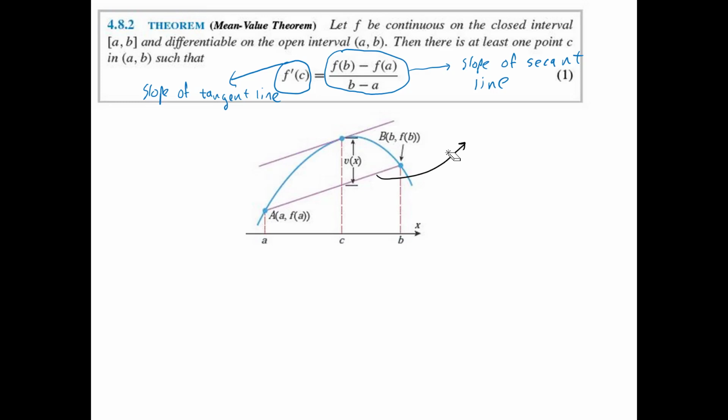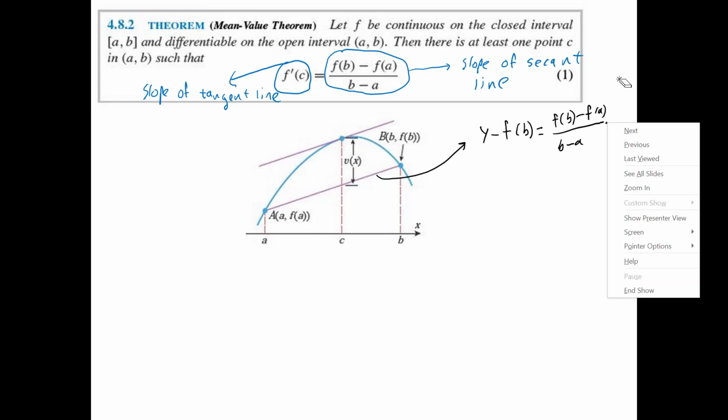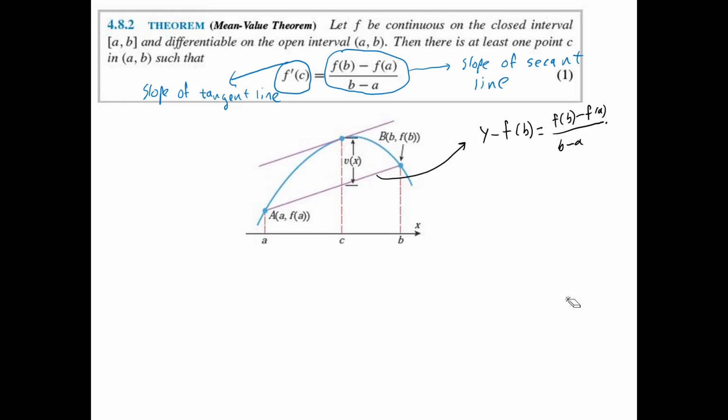The equation of a line is given by y minus y1, and I'll use f of b as my y1, is equal to my slope, f of b minus f of a, all divided by b minus a, times x minus x1, right, the x value that corresponds to this one.